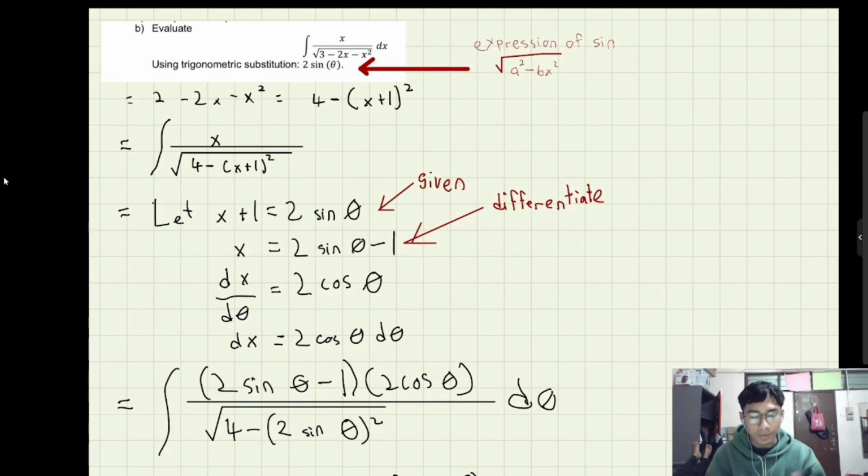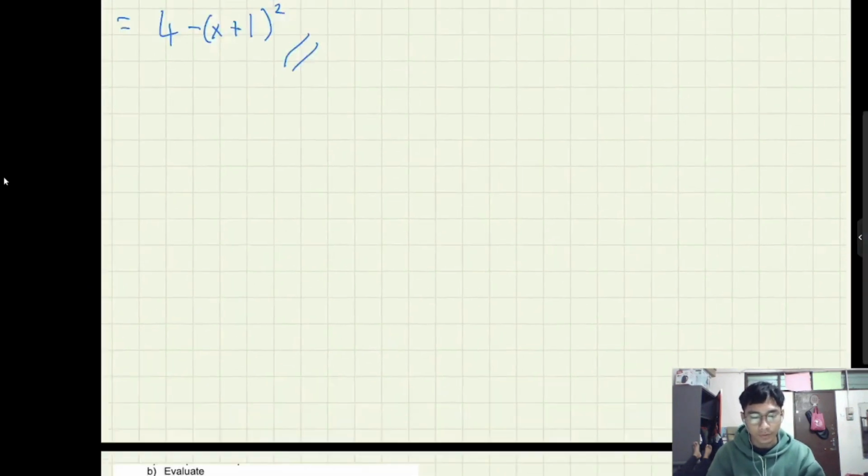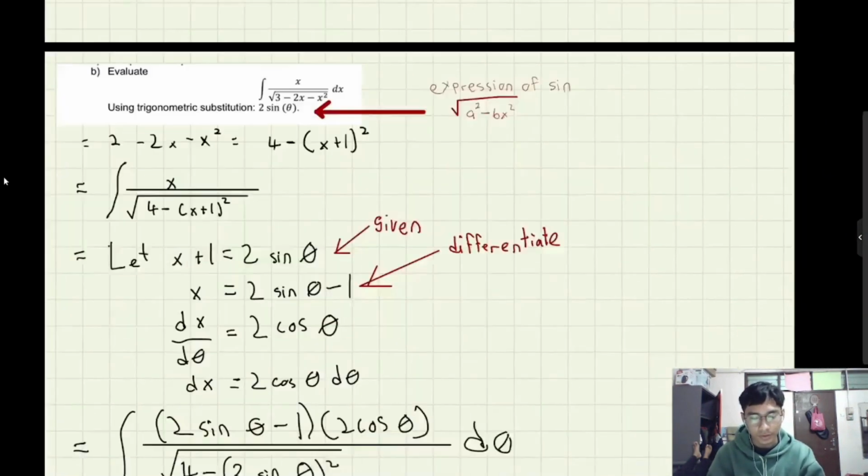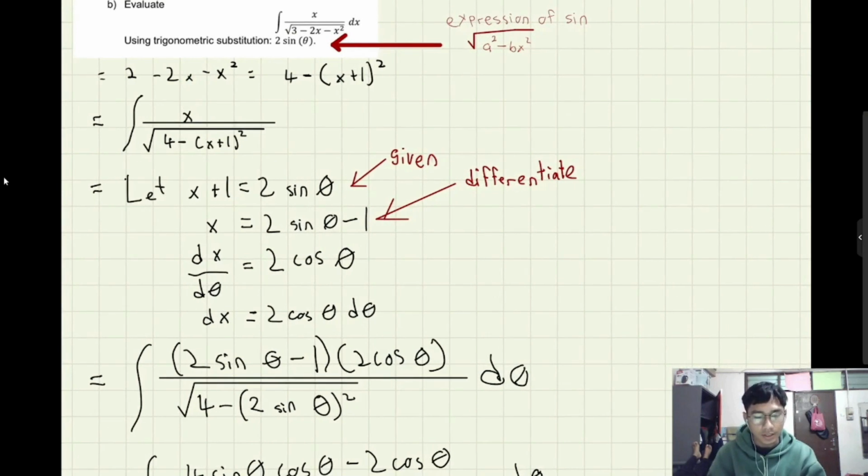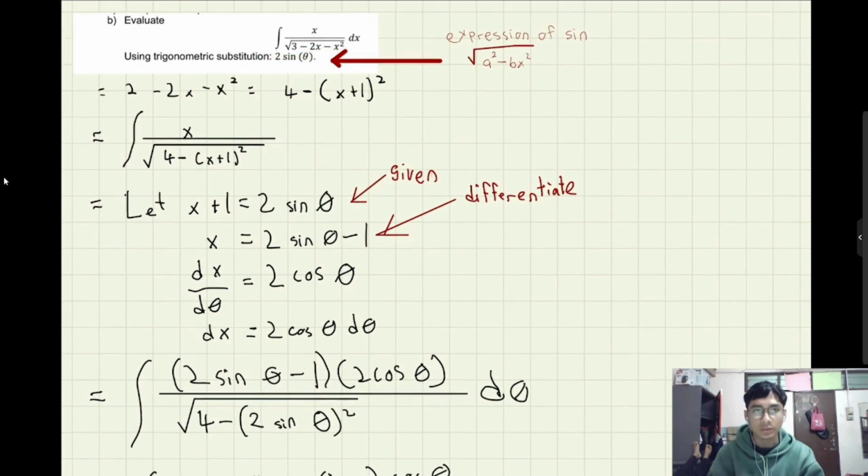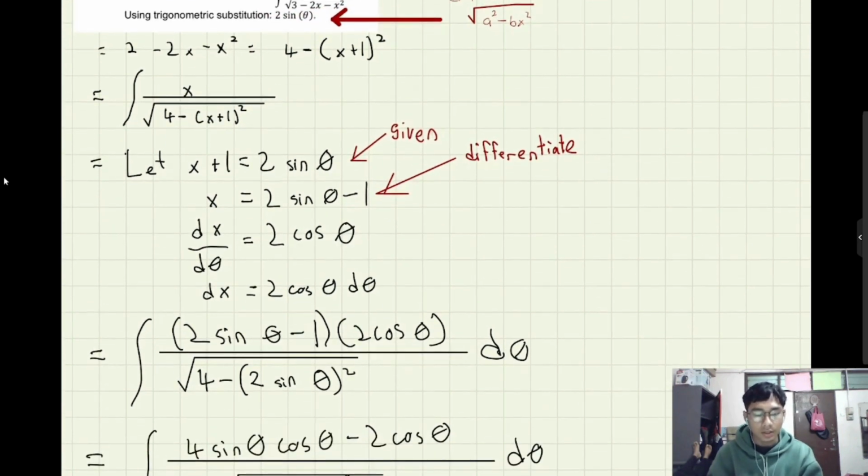In the previous question, we know that 2 minus 2x minus x squared is equal to 4 minus (x plus 1) squared. So we can just substitute it into this equation, and then we will get this equation.